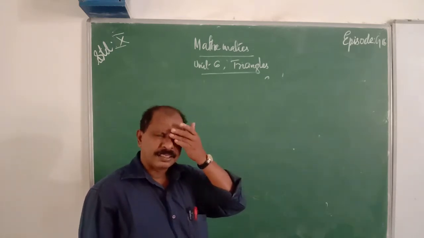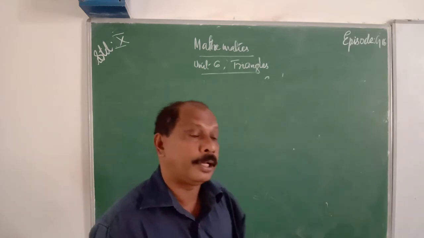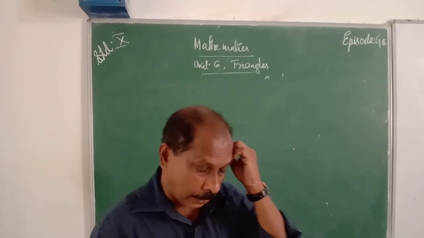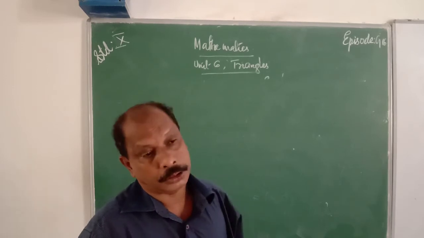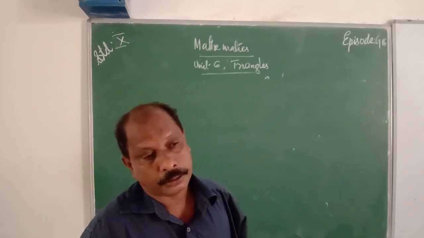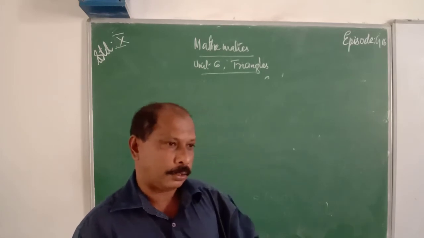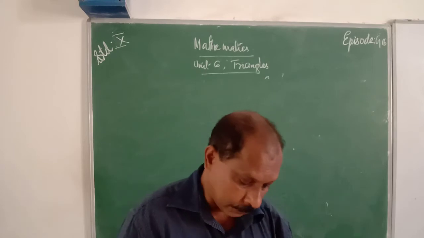But some portion of this chapter is eliminated for your final board exam. Therefore, the ratio of the areas of two similar triangles is equal to the square of the ratio of their sides. That theorem is eliminated from your syllabus.